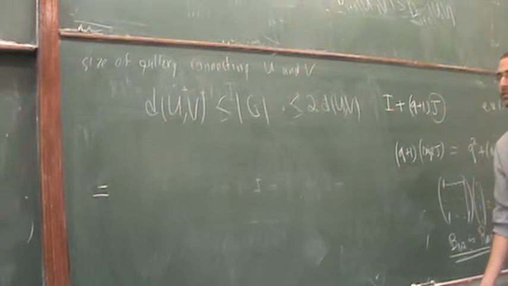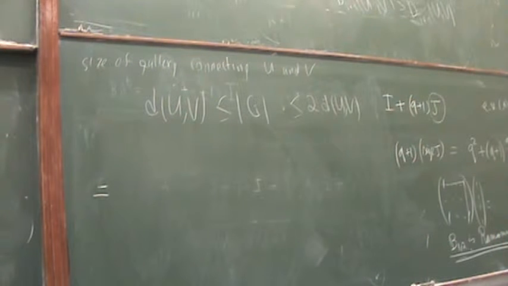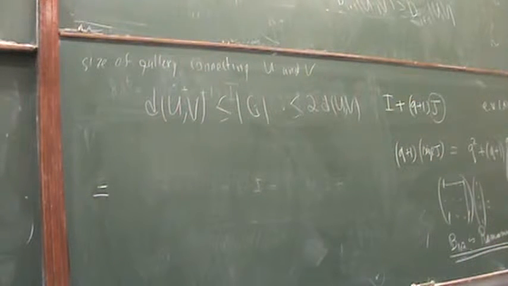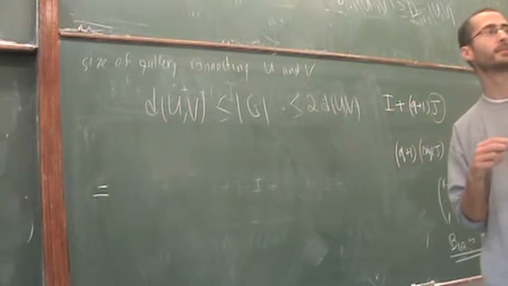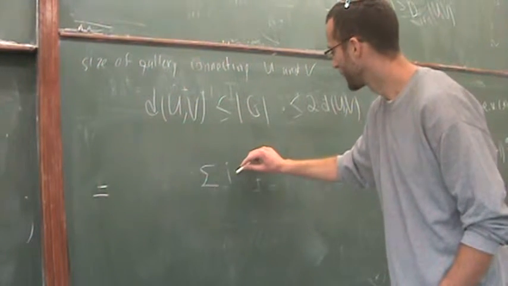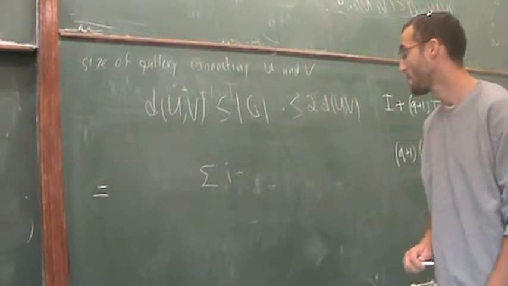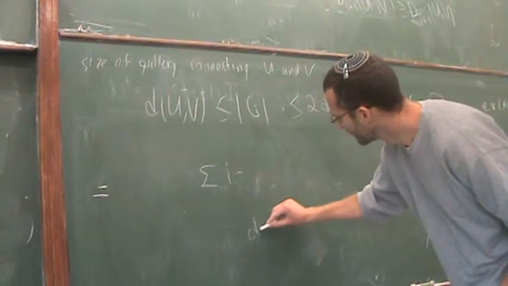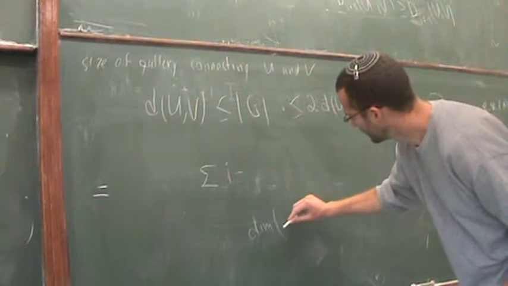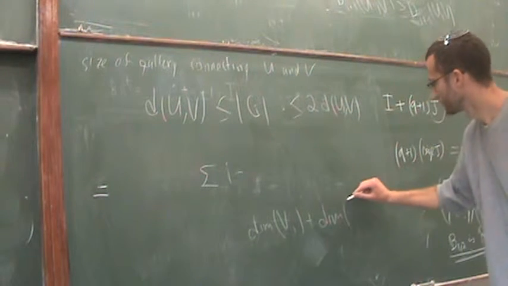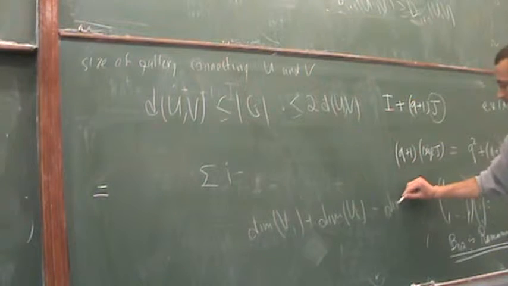And what's the maximum of d(U,V)? So it's the sum of i's. The sum of i's minus, well, it's not really the sum of i's because the intersection of two large spaces has to be something. I don't know. I checked it once and I forgot already. Well, we know that the dimension of V_i. Can't it happen that V_i and U_i do not intersect at all?